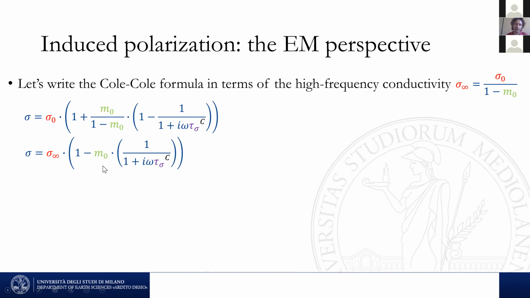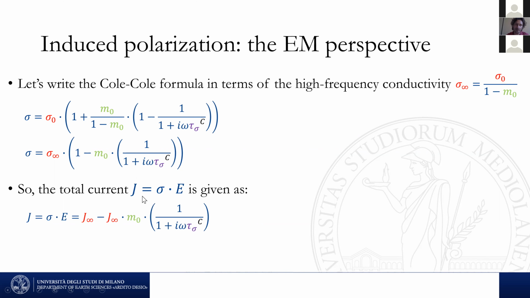We can rewrite the formula like this. But if we write a formula like this, then we can recognize that if we think of our current density as the multiplication of the conductivity by the electrical field, then we can say that our total current is equal to the current due to the infinite frequency conductivity minus this current here.